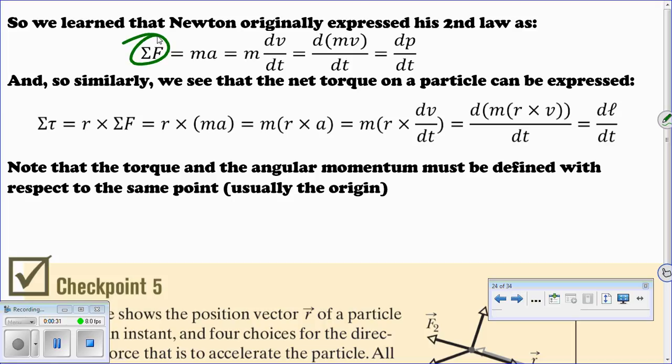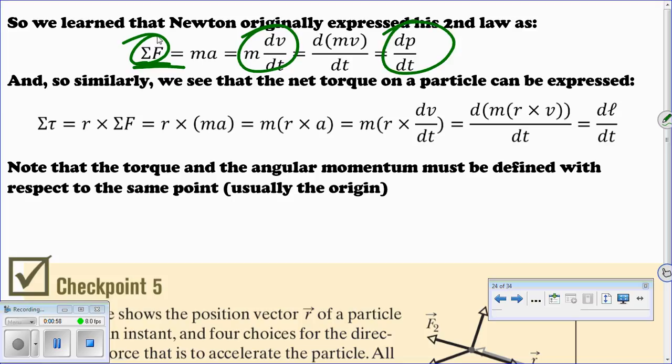He said that the force was equal to the mass times the rate at which the velocity changes, mass times acceleration, which, if you rearrange stuff, can be written as the rate at which mass times velocity changes, right? And mass times velocity is momentum. So our net force is merely the rate at which the momentum changes.